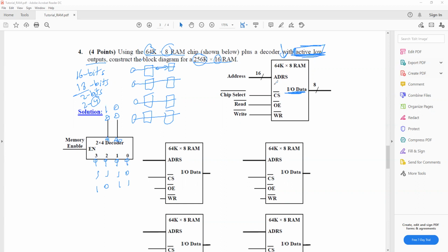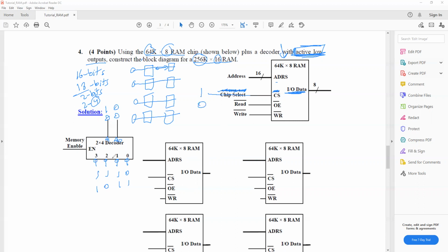The second thing to pay attention to is whether the memory that you have is active low or active high. If the decoder is active low and the memory you have is active low, then you can just connect as we did in the previous question. But if it is active high, suppose the chip select is just CS, not active low, and if you want to enable this memory you need to place 1, and if you want to disable it you place 0.